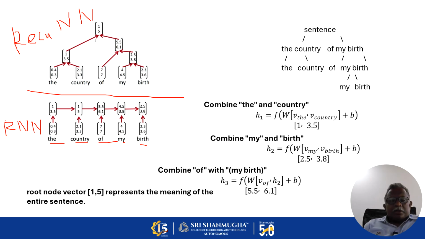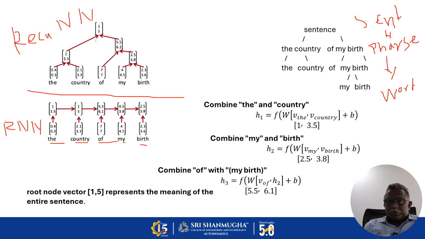In case of a recursive neural network, this is the way it works. In the sentence we have "the country of my birth." "The country" is again a phrase. The flow is sentence to phrase, phrase to words.